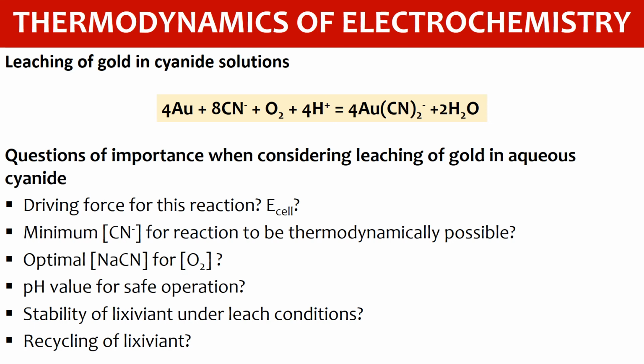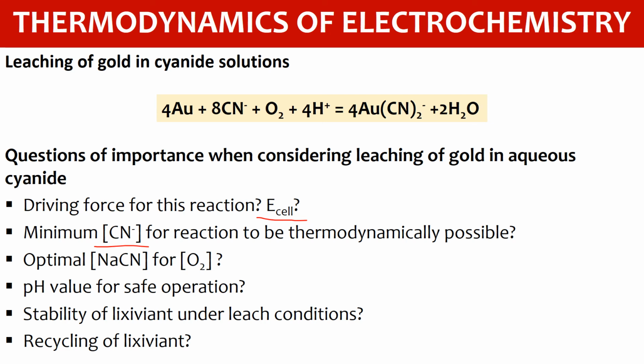Right. So what are some of the questions of importance that you need to consider when leaching gold in solutions? You need to understand the driving force for the reactions. You need to understand the minimum cyanide concentrations for reactions to be thermodynamically stable.